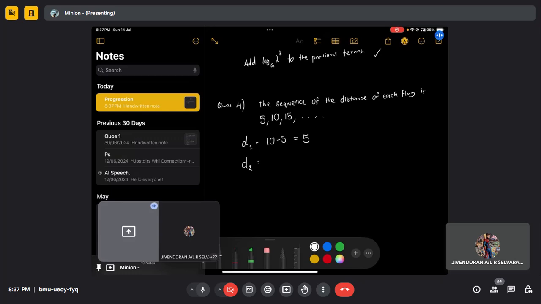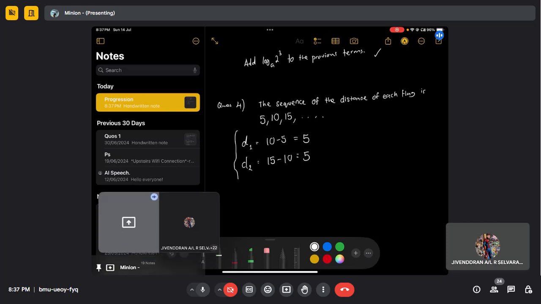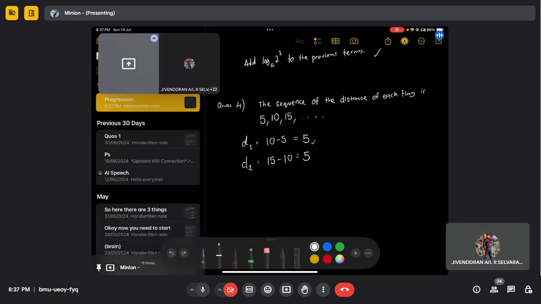And D2, which is the third term minus the second term, will also be 5, positive 5. So the common difference is 5, right? Both are 5, so it is an arithmetic progression, AP.